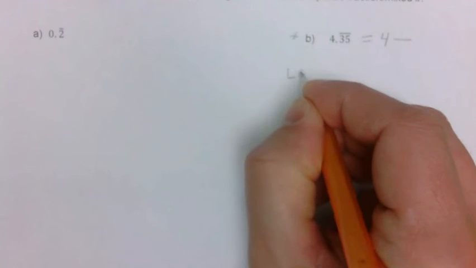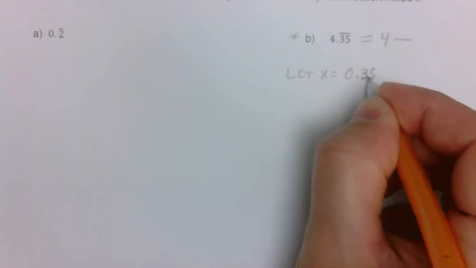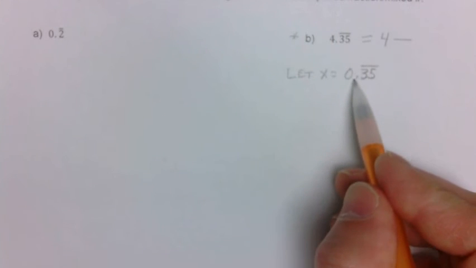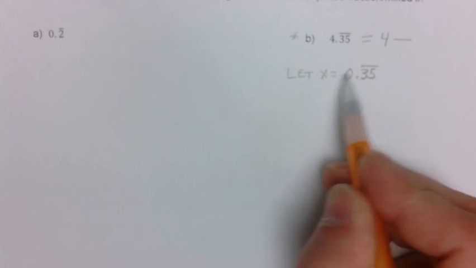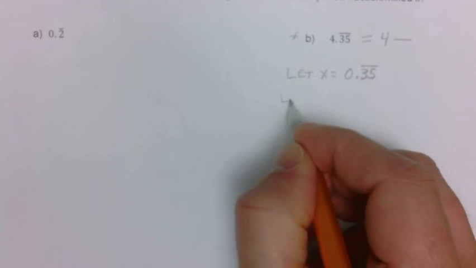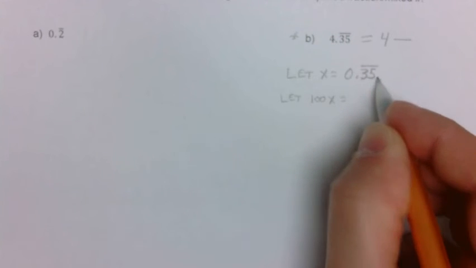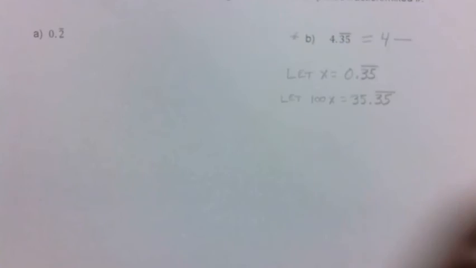So let's let x equal the repeated decimal of 0.35 repeated. Since there are two numbers that are repeating, I need to move the decimal point twice to the right. So I'm going to have to multiply both of these by 100. So let 100x equal 35.35 repeated.